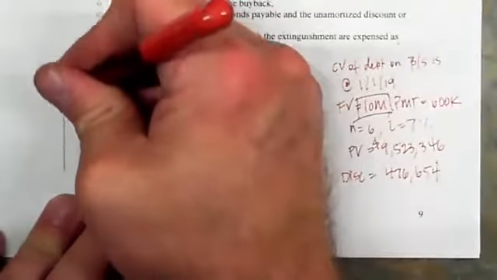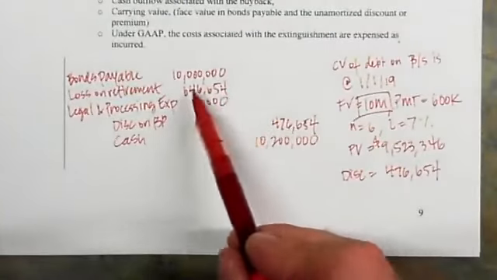So that equates to a loss on retirement of $646,654. So that would be a non-operating expense.